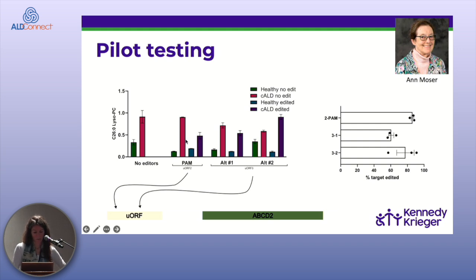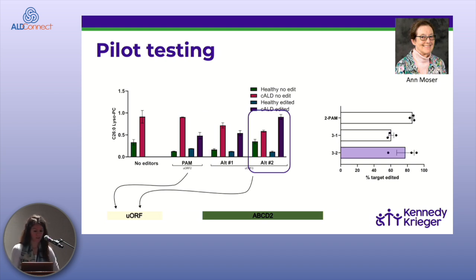And what we find is that if we edit these cells, comparing our purple to our pink here, we see that with some editing, we can decrease very long chain fatty acids in cerebral ALD patient cells. And if we're looking at the efficiency of that, this is our best condition in this case here. The purple is about 50% of the pink bar. And then within those cells, we have about 80% efficiency in changing our base of interest. So that's a pretty nice decrease.